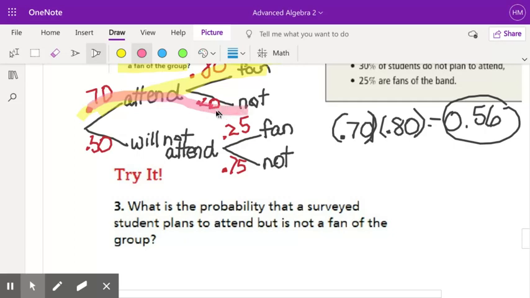So that would be the second pink pathway here. So I can multiply 0.7 times 0.2 to get 0.14. 14% chance that they plan to go but are not a fan of the group. I'm just double checking my math here. Okay.